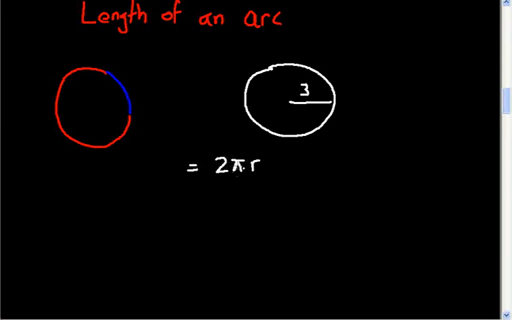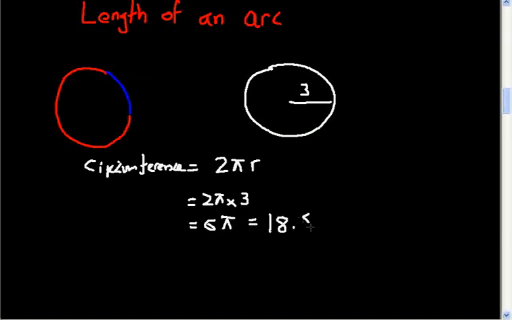If you plug the values into that formula, you get 2 times pi times 3. That is equal to 6 pi. So the exact answer is about 18.8.